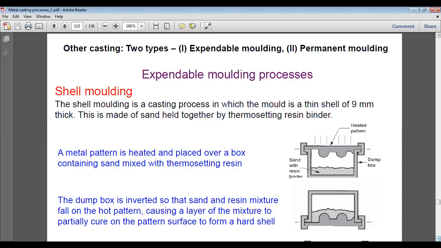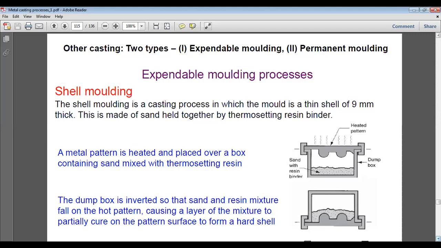Whereas permanent molds are not affected when the molten metal is poured into the cavity. So there are two types of molding processes, one expendable and another permanent molding.